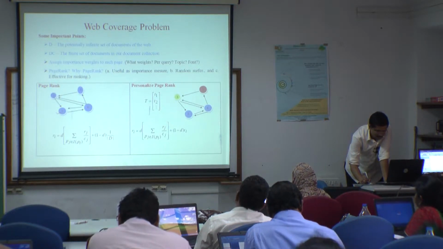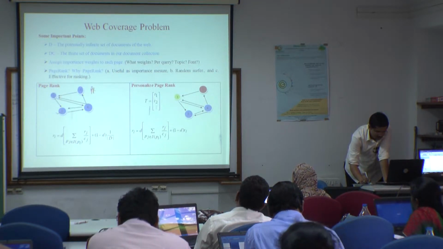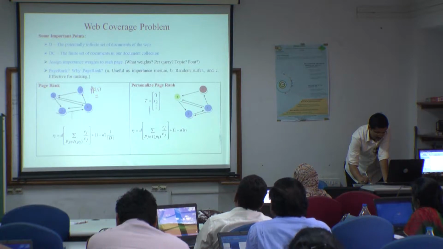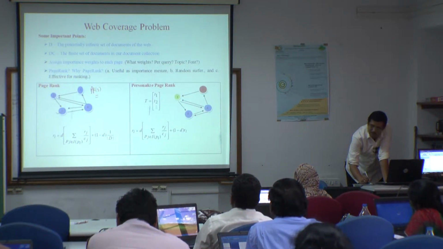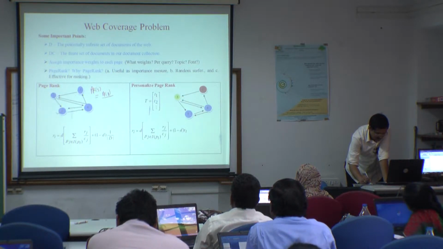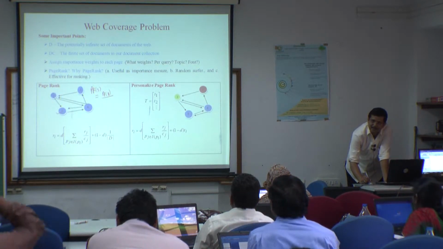The page rank of page 3 will depend upon how many incoming links are coming to page 3 from page 1 and page 4. So it will be the page rank of page 1 divided by its number of outgoing links. How many outgoing links does page 1 have? Because its importance is divided.